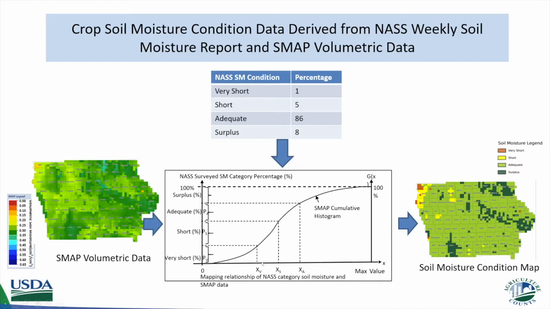So we map the percentage category coverage to the cumulative histogram, and from that curve we can find the volumetric measurement at the cutoff spots. Based on that you can see, okay, below this will be very short, and below this level, that's short, and so on. This is how we develop it.